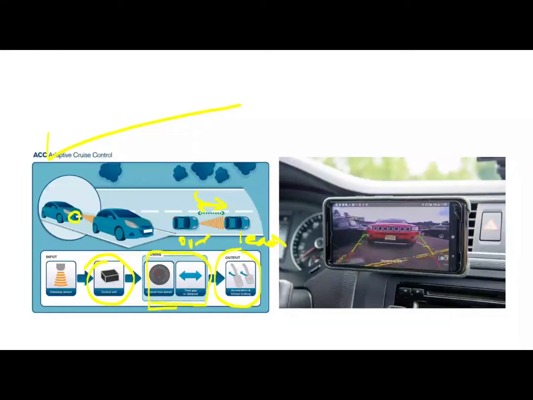It will sense that the lead vehicle is going to stop or its speed is decreasing. It will control the output, that is the acceleration and braking system, or it will first indicate to the driver. Then the driver, once alerted, will change the acceleration, the gas, and apply the braking.